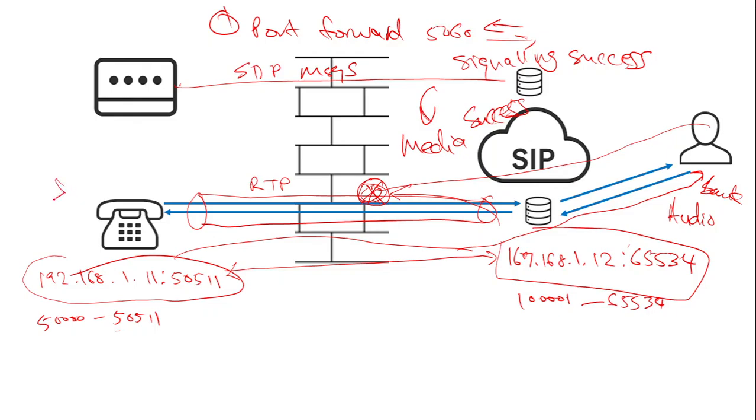The user who is here will not be able to hear the reply of the banker. So there is going to be one-way audio. Or if the firewall blocks this from outgoing and allows traffic from the banker to come here, the user is going to hear the banker, but the bank is not going to hear this user.